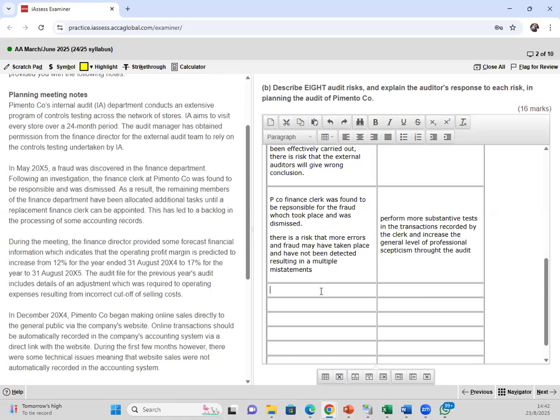So let me read that part again. The audit file for the previous year audit includes details of an adjustment which was required to operating expenses resulting from incorrect cut-off.